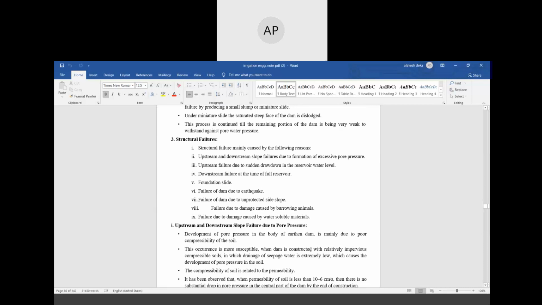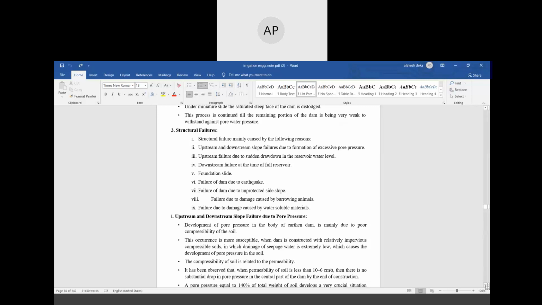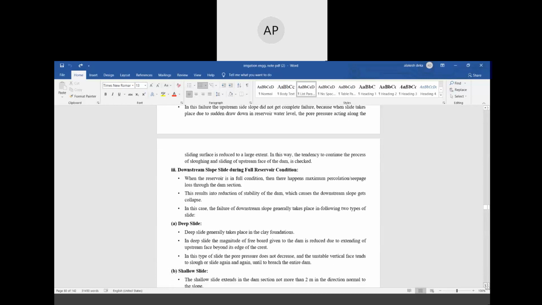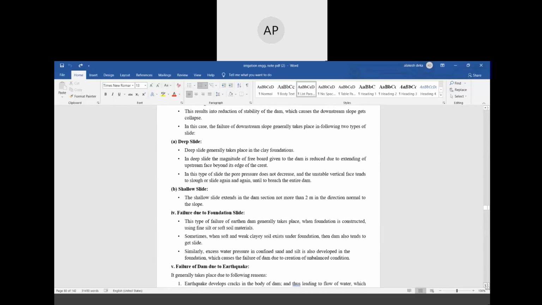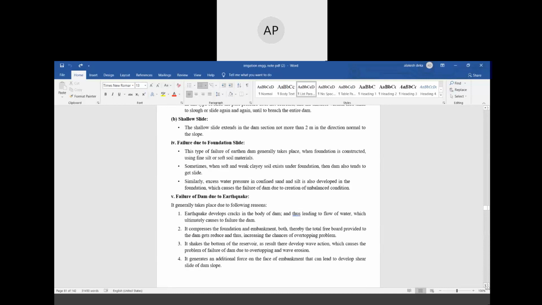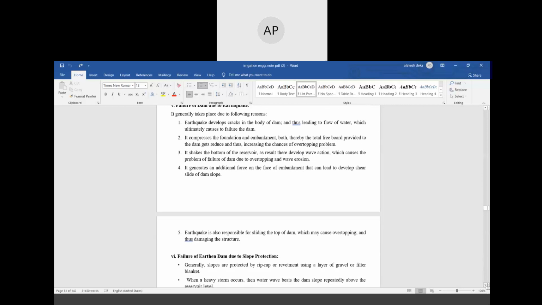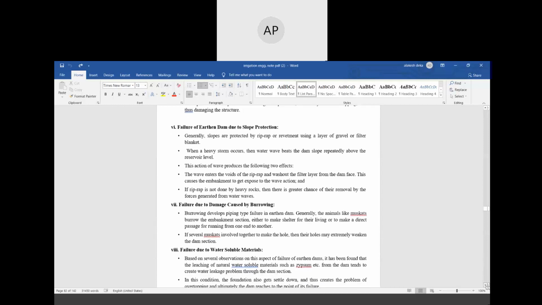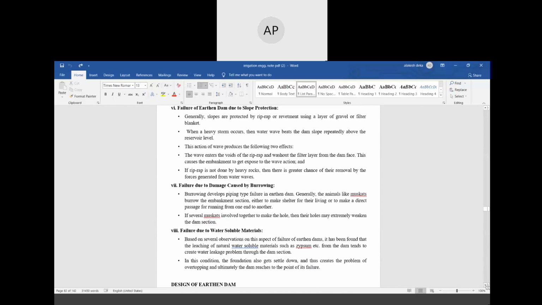Structural failures. What may be the structural failures in earthen dams? Failures of RNM due to earthquake, failures due to foundation slide, failure of RNM due to slope protection, failure due to damage caused by burrowing.